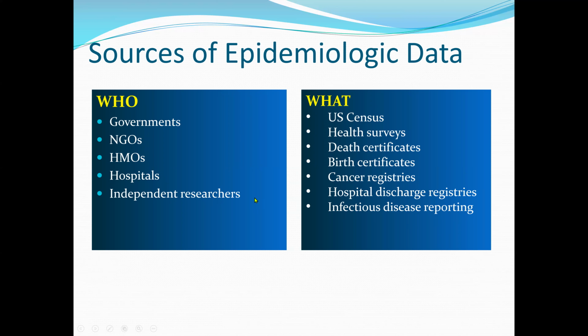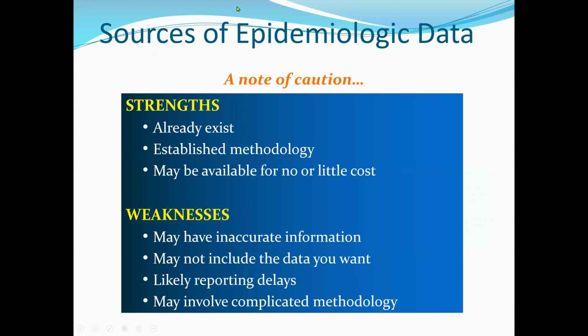We also have secondary data online on different government agency websites, such as the Centers for Disease Control, CDC, which has a lot of public health data. Even the National Institutes of Health has a lot of public health data, or medical data. So for the sources of epidemiology data, the strength is that they always exist. The methodology is also already established.